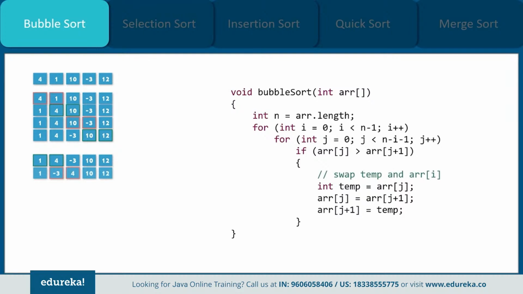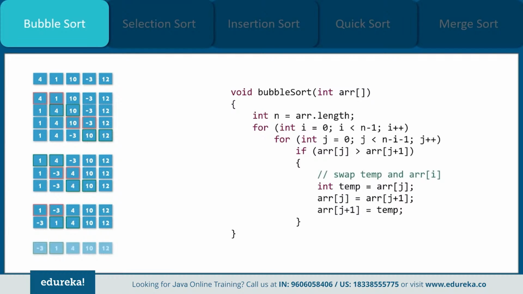Here we'll see -3 and 4 have been swapped, and thereafter we'll compare 4 and 10, and finally, in the last iteration, so on and so forth, the array will be sorted. So we are just comparing the adjacent elements, and if one is found to be lesser than the other, we swap them.